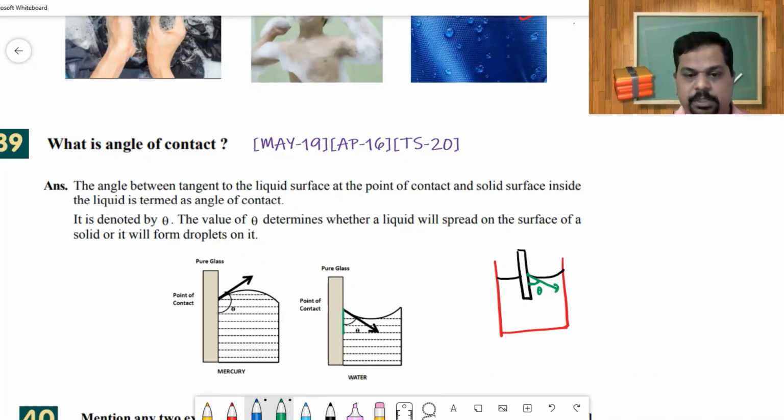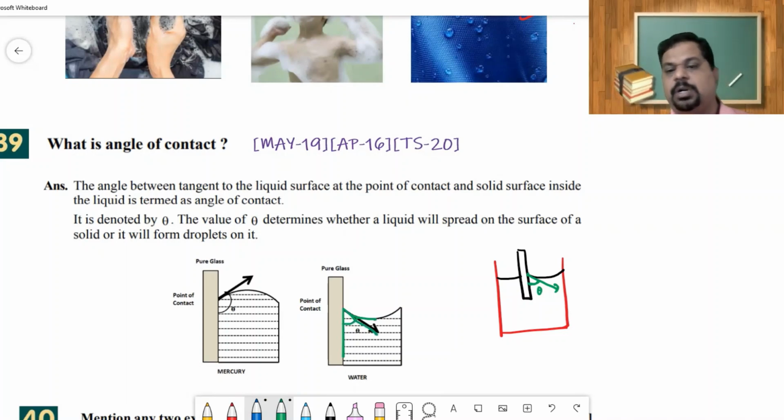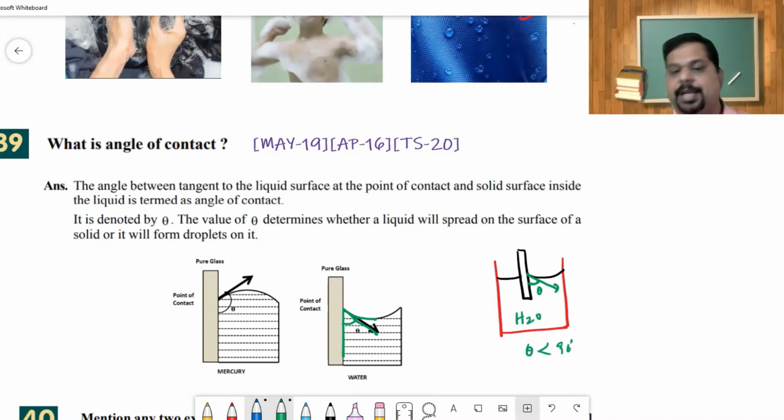So see, this is a solid, this is the liquid, this is the tangent. Angle between the tangent and the solid is called angle of contact. For water, theta will be less than 90.